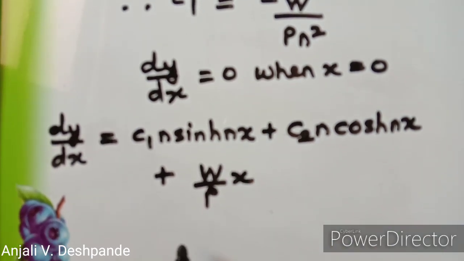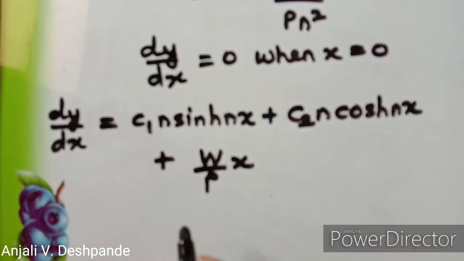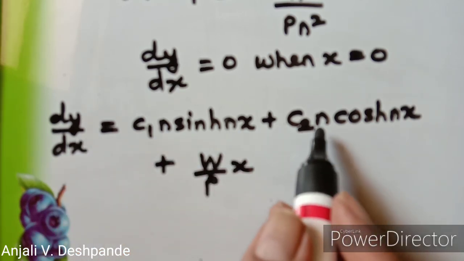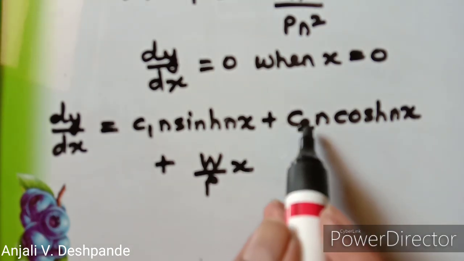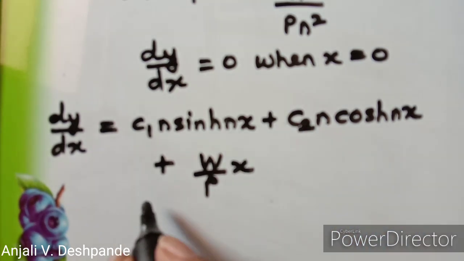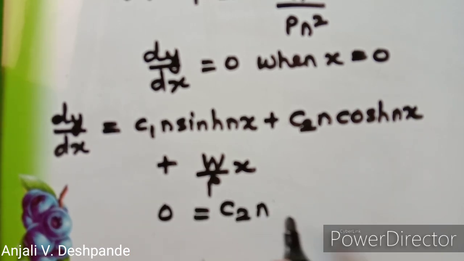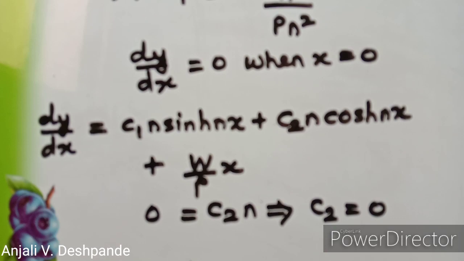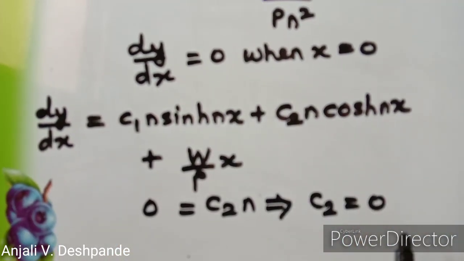So that is the derivative. Now we will use this condition. If you substitute dy by dx equal to 0 and x equal to 0, then which term will be left? Only this C2 n will be left. So we get 0 is equal to C2 n, which implies that C2 is equal to 0.